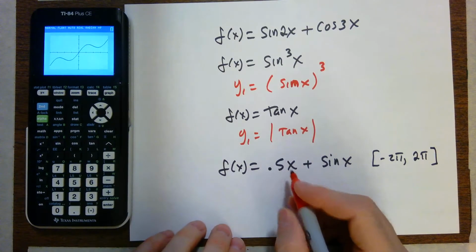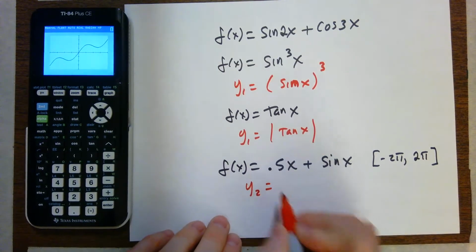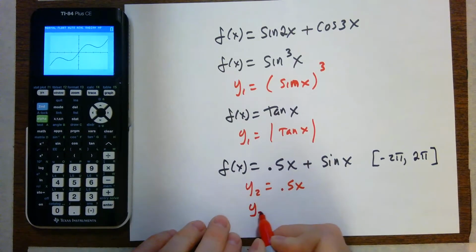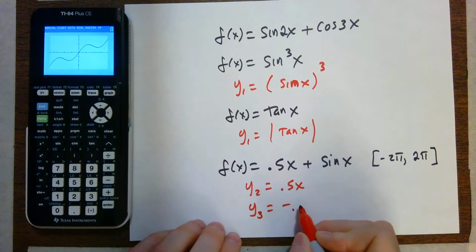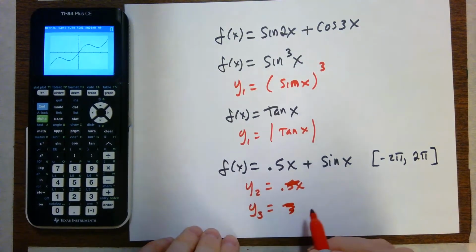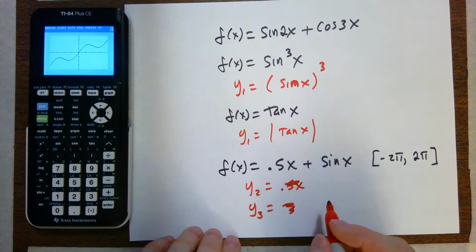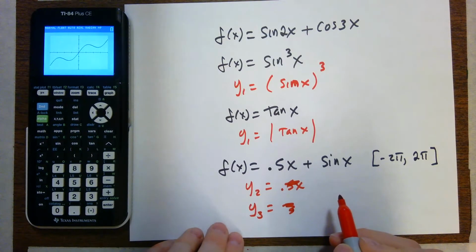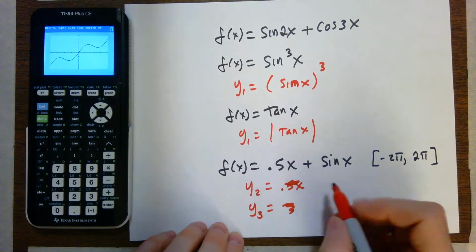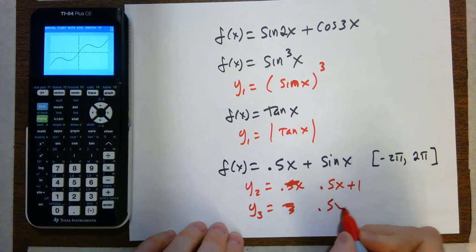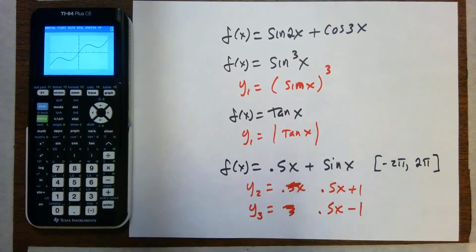What I'd like to do in y2 is graph 0.5x, and in y3, negative 0.5. Oh, no, that's not right. That's not what I want. I want to do lines on either side of this. In y2, I want it to be 0.5x plus 1, and 0.5x minus 1.